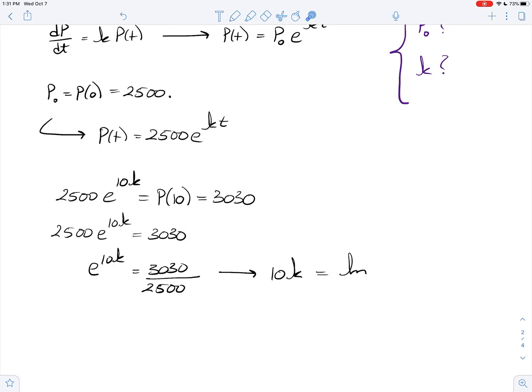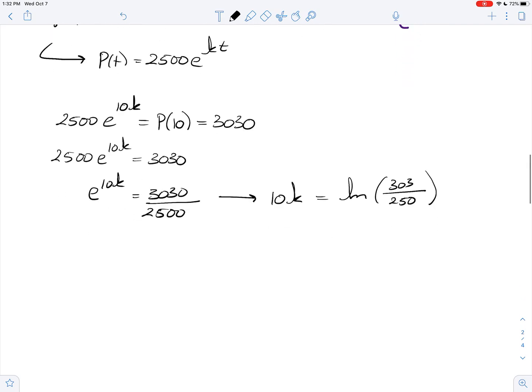Let's cancel this 0 there. And so we can say the natural log of 303 over 250. So k is 1/10 the natural log of 303 over 250.